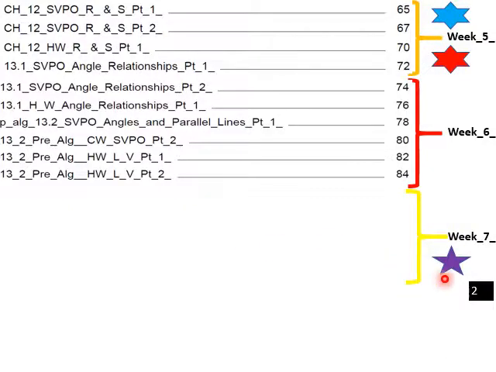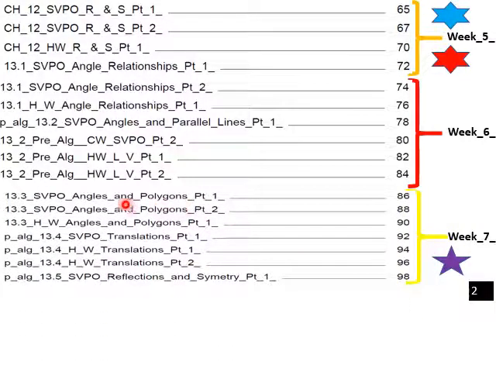And then week 7, we have a quiz, which is angles and polygons. And then translations, we get into translating geometric figures on a coordinate plane. And then 13.5, we get into reflections and symmetry.